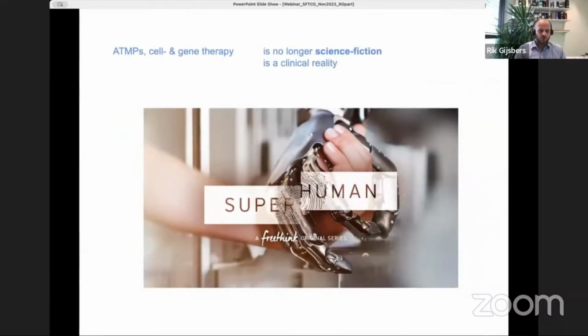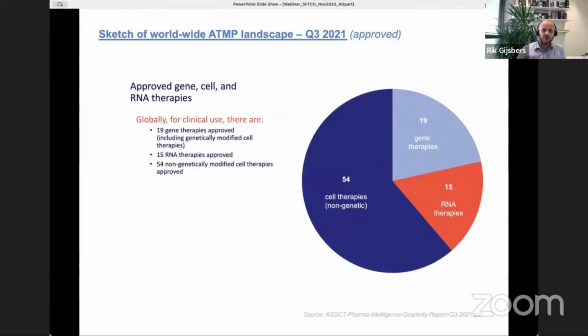Now, the goal of my talk is also to provide you some insights, and to show that ATMPs, cell and gene therapies, are no longer science fiction. It has been taking time, but they really are now a clinical reality. Just to give you an example, what you see here are the gene and cell-based products that are on the market worldwide. In Q3 of 2021, there were about 20 gene therapies, 15 RNA therapies, and more than 50 cell therapies available worldwide.